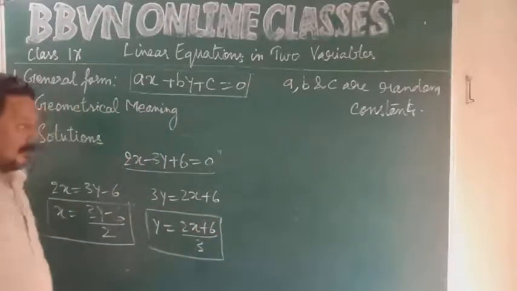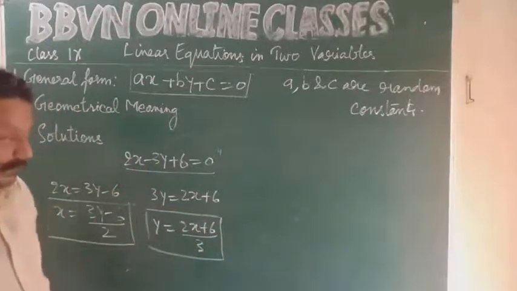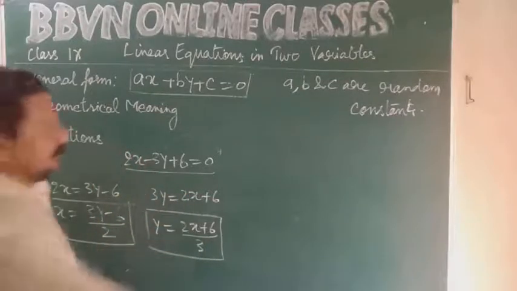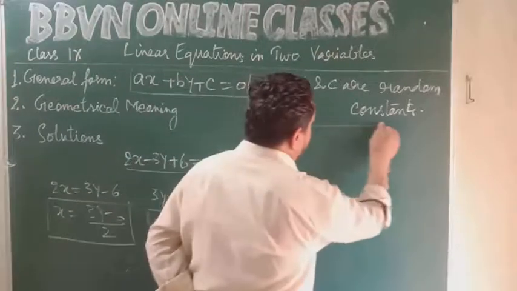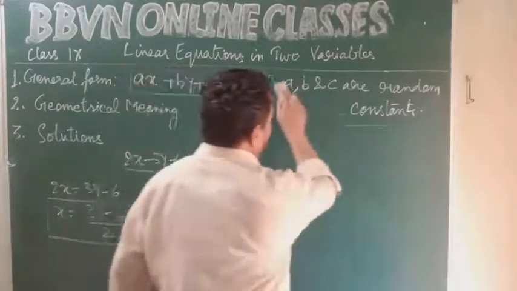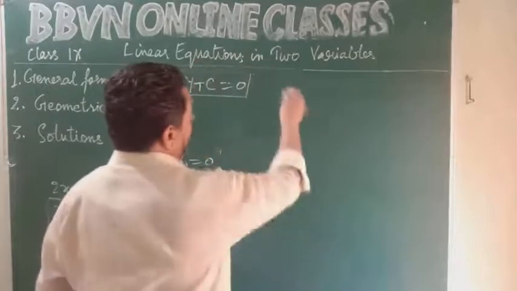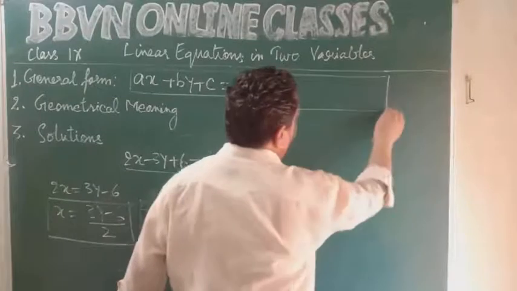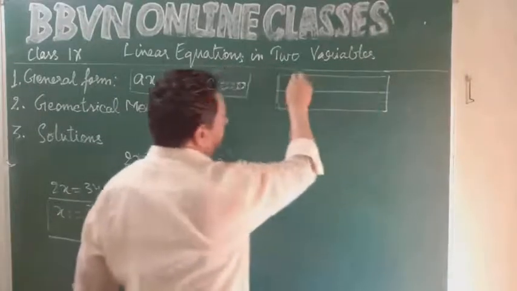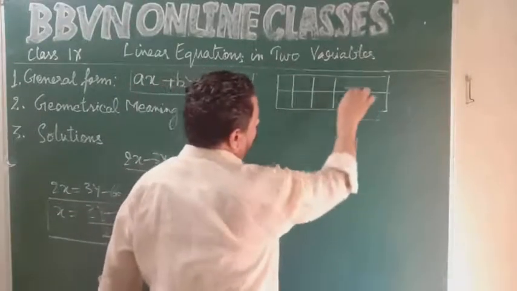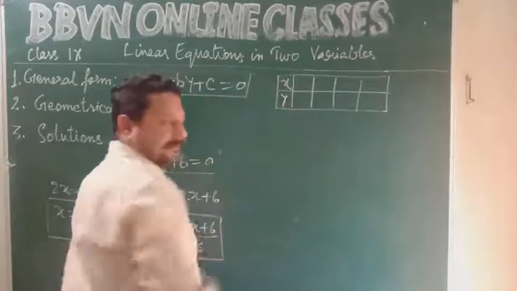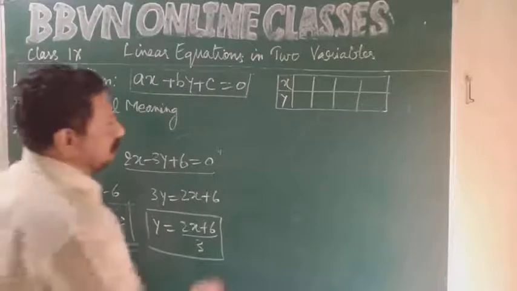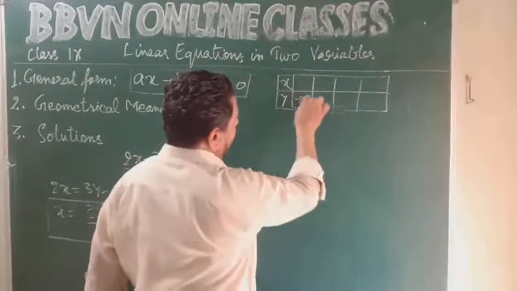Okay. Now let us take ordered pairs, values of x and y which satisfy this particular condition. Suppose here I take y as minus 2.